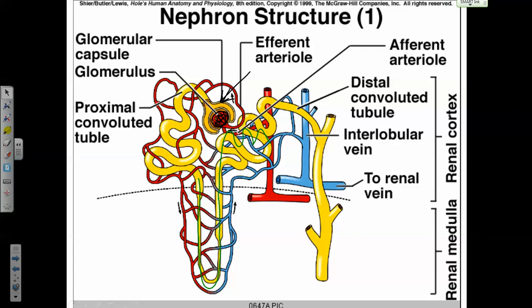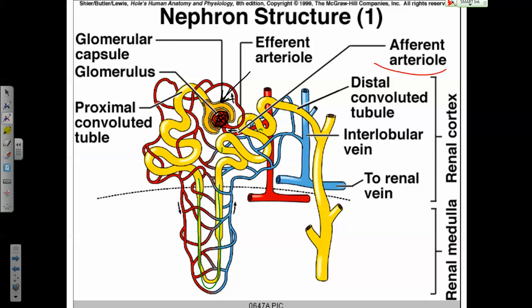But I also want you to notice these blood vessels. Do you see how there's two blood vessels that connect directly to a glomerulus? One of them is bringing blood into the glomerulus. On this picture, it's the bottom one. It doesn't necessarily have to be the one at the bottom, but you see the little arrow above it.